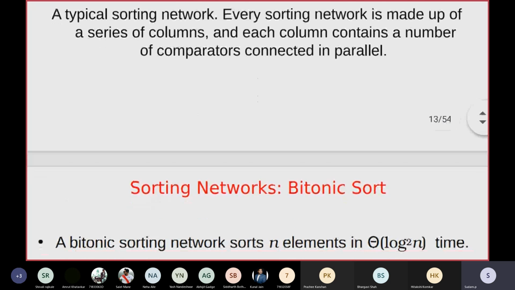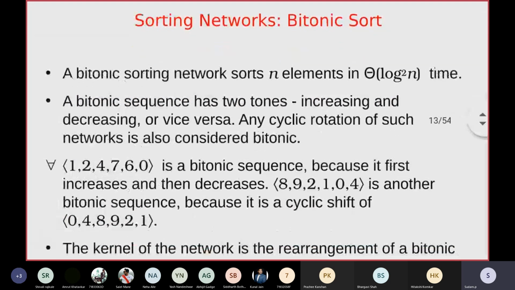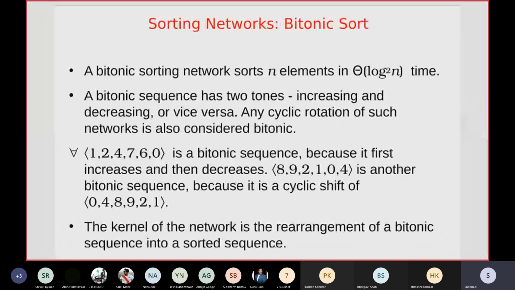Then, as you are familiar with sorting networks now, there is one sorting technique, Bitonic sort. Actually, in your syllabus the focus is on the parallel bubble sort, then shell sort is also given, and after that the focus is on quick sort and how you can design the parallel quick sort algorithm.